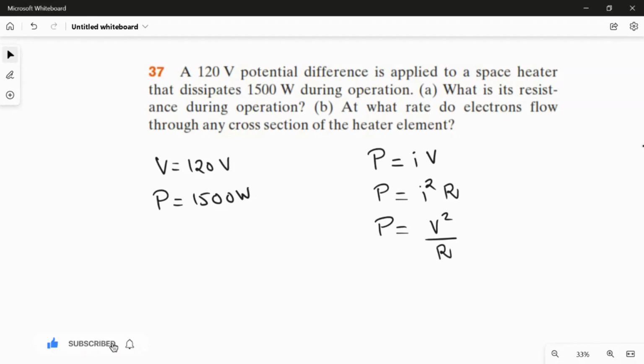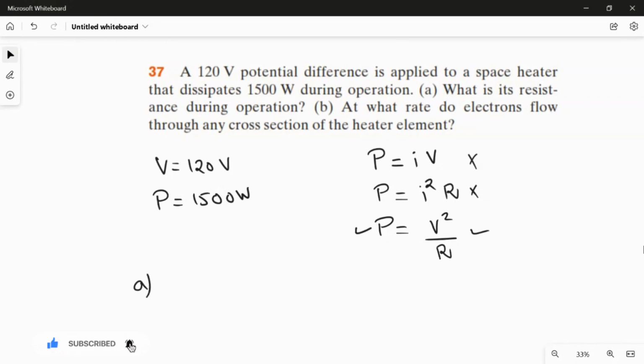Here we can't use the first two equations because the current information is not given in the question. So I am going to use the third equation to find the answer for the first question.